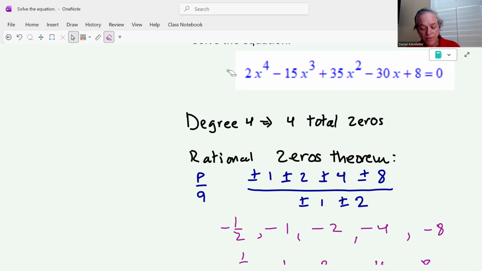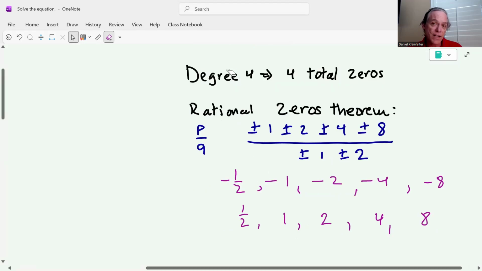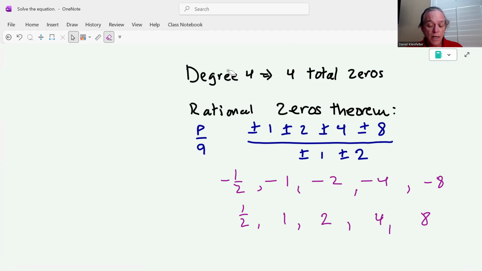So from this symbolic fraction we can write down all the possible rational zeros that our polynomial may have. They range from -1/2, -1, -2, -4, -8, and then their opposites, the positive numbers corresponding to those negative fractions and integers.